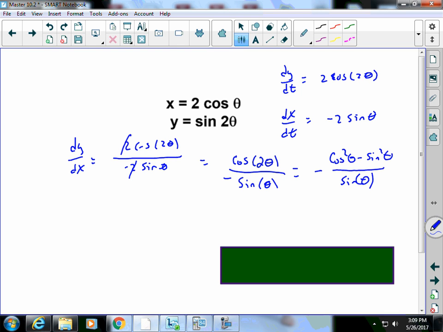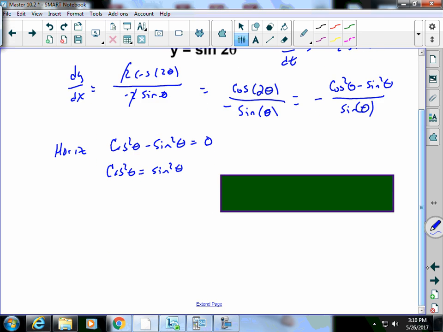But now I have everything in thetas. It would be a lot easier to evaluate this. Horizontal, because now I have my slope. Horizontal happens when cosine squared theta minus sine squared theta is equal to 0, or cosine squared theta is equal to sine squared theta. So where does that happen? If I look on a unit circle, it happens at these 4 points, right? Because they're getting squared.